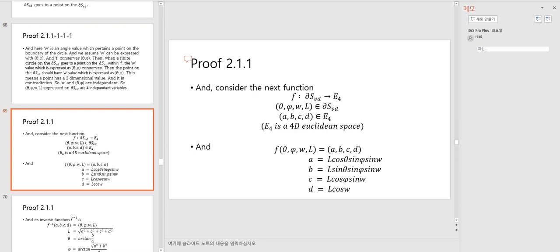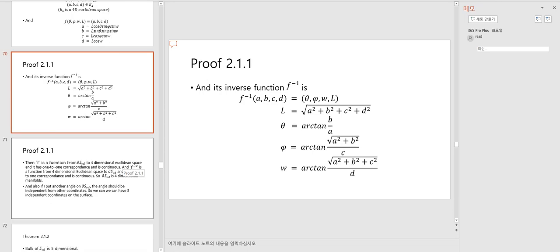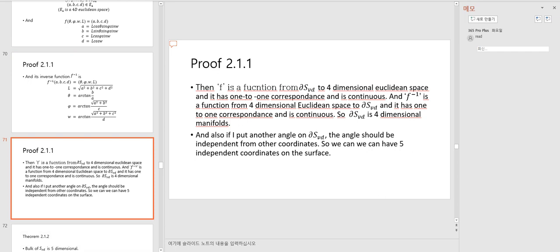And consider the next function f, and its inverse function is like this. Then f is a function from dS3D to four-dimensional Euclidean space, and it is a one-to-one correspondence and is continuous.